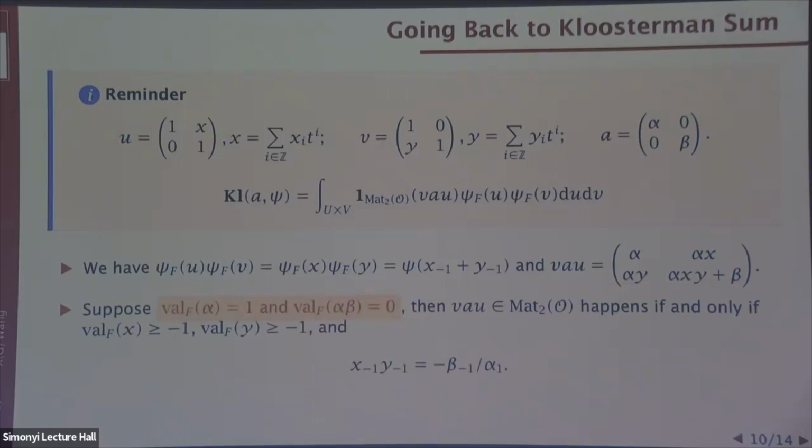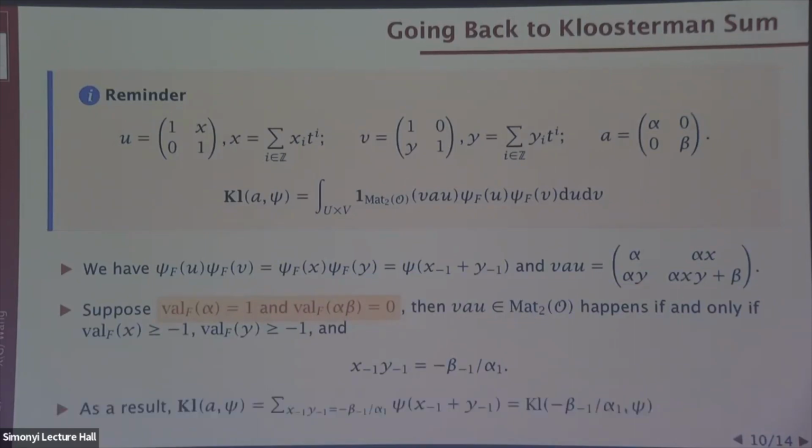Then this v a u lands in the 2x2 matrices only if certain valuation conditions are satisfied, and you keep going. Eventually, you will reach the point such that this Kloosterman integral can be interpreted as the same as the Kloosterman sum. So the Kloosterman sum here and the Kloosterman integral here in this special case.